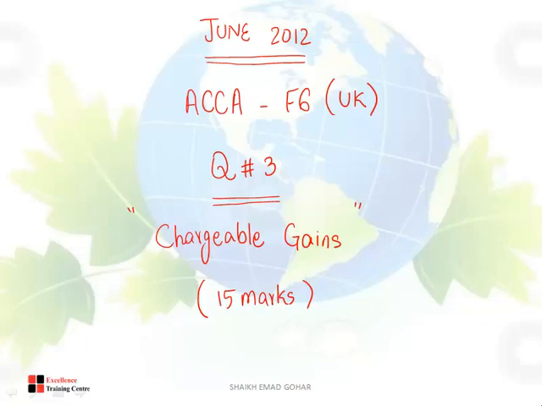Part C, part 1, before taking account of any available rollover relief, calculate Wiki Limited's chargeable gain in respect of the disposal of the warehouse. Part C, part 2, advise Wiki Limited of the rollover relief that will be available in respect of each of the 2 alternative reinvestments.